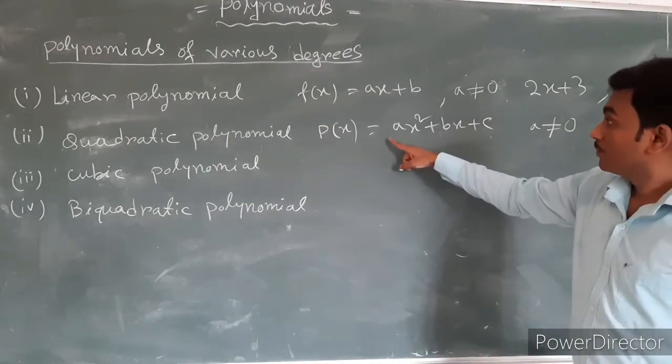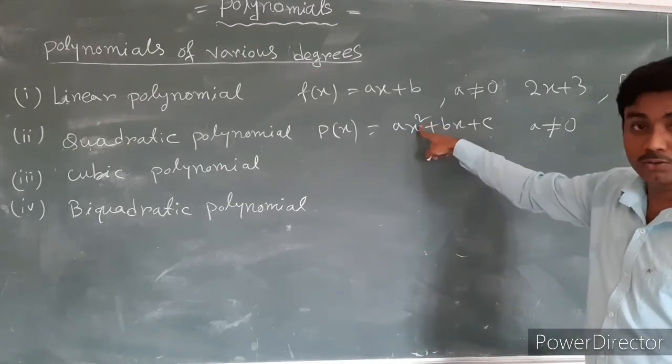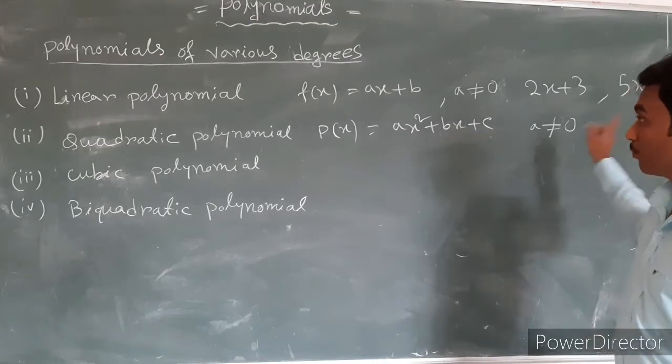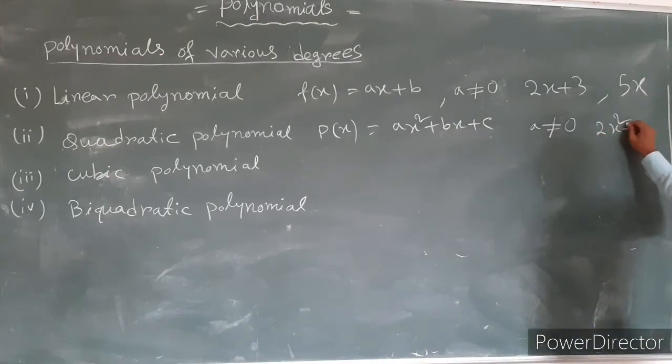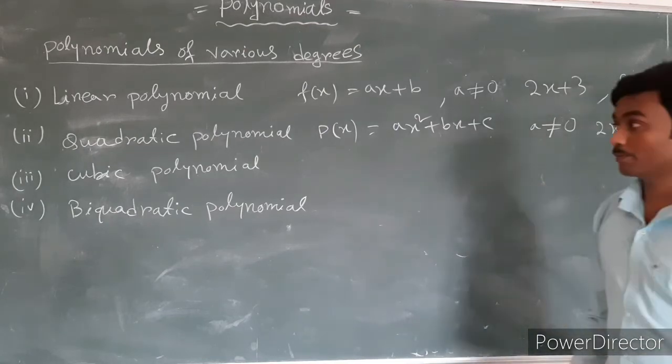So a polynomial of degree 2 is called a quadratic polynomial. For example, 2x squared plus 5x minus 2 is a quadratic polynomial.